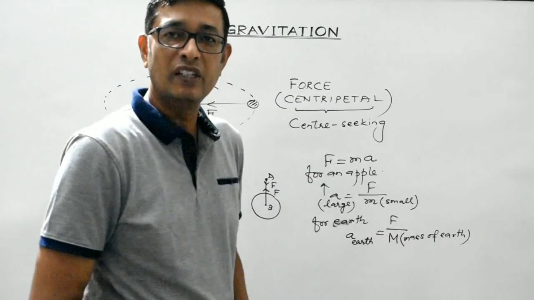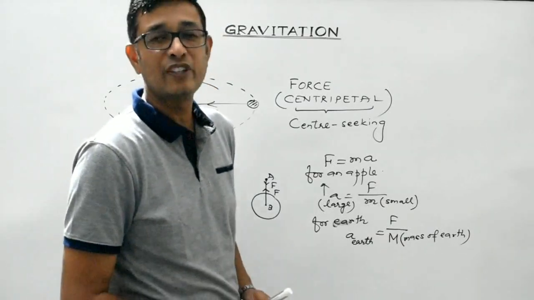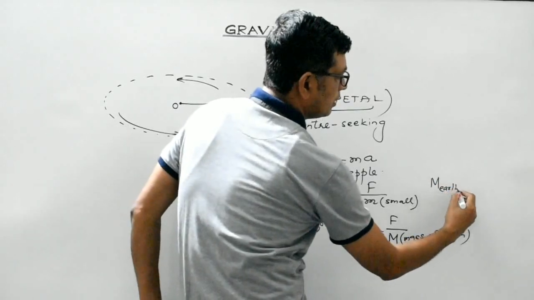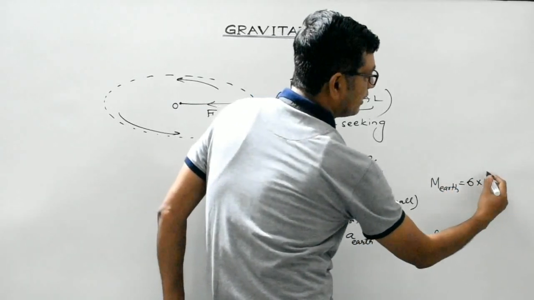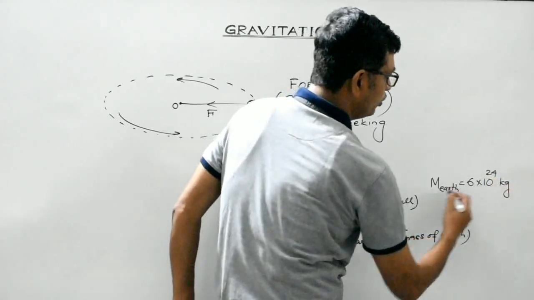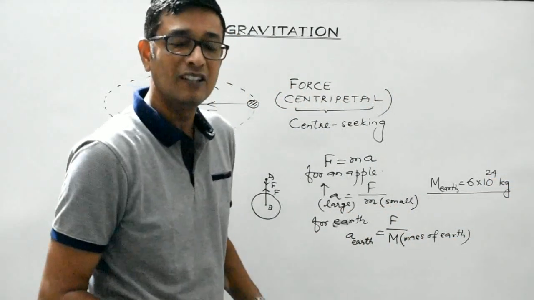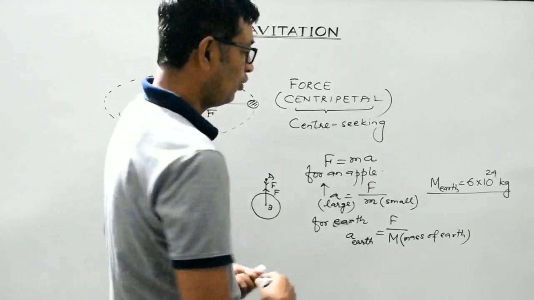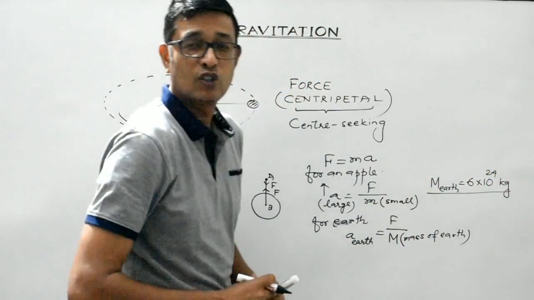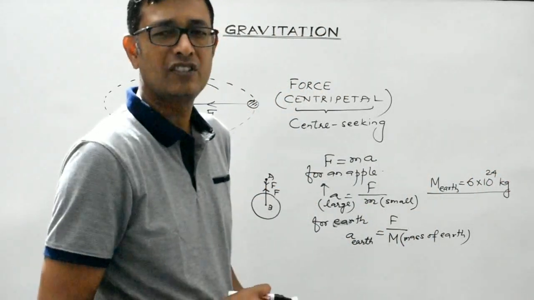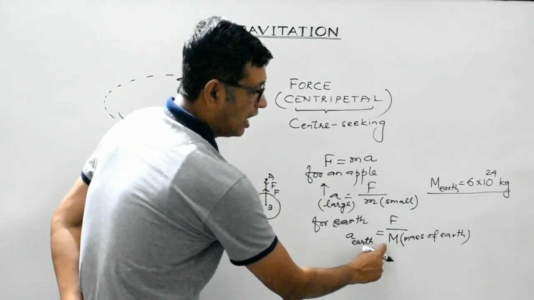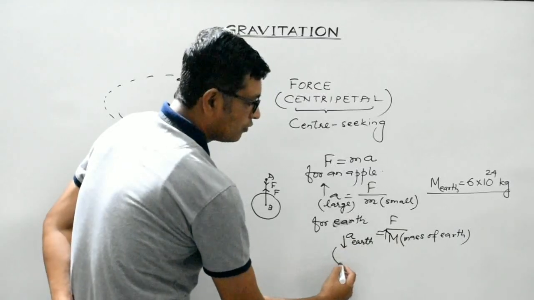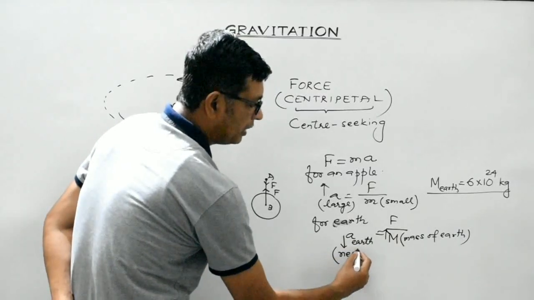The mass of the Earth, students, is about 6 into 10 raised to the power 24 kg, which is huge. While the mass of the apple is in grams, 50 gram, 100 gram, isn't it? While the mass of the Earth is of the order of 10 raised to the power 24 kg. It's huge. So, mass is very, very large. So, the acceleration produced on the Earth would be negligible.